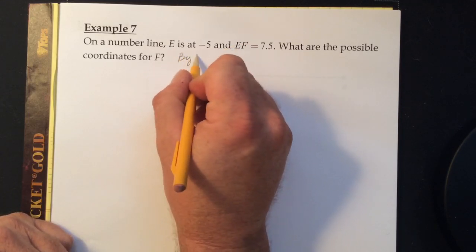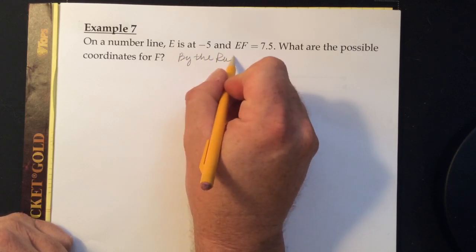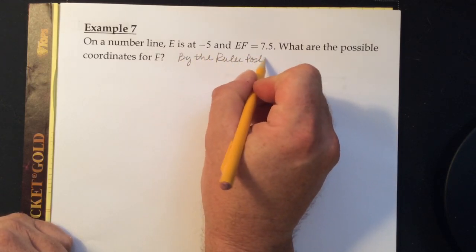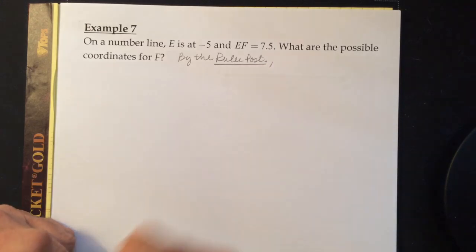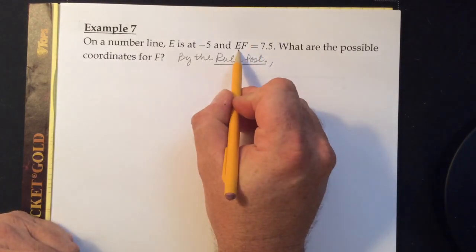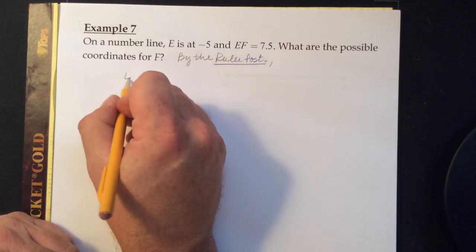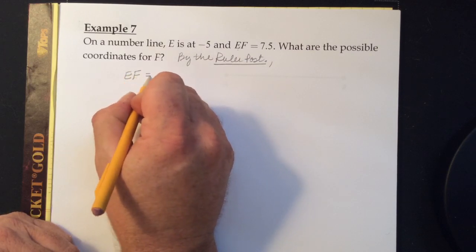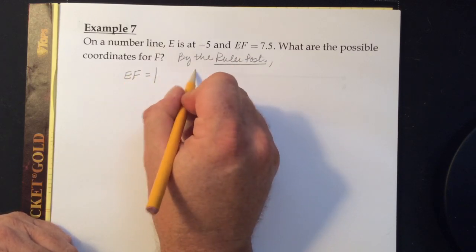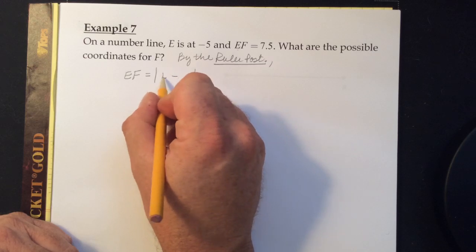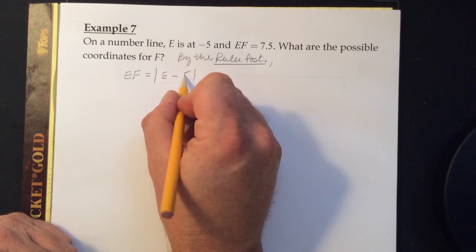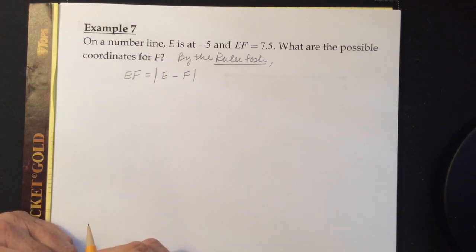So by the ruler postulate, we have segment EF, the length of EF will equal the absolute value of the difference between those two endpoints' coordinates, E and F. Start off like that.